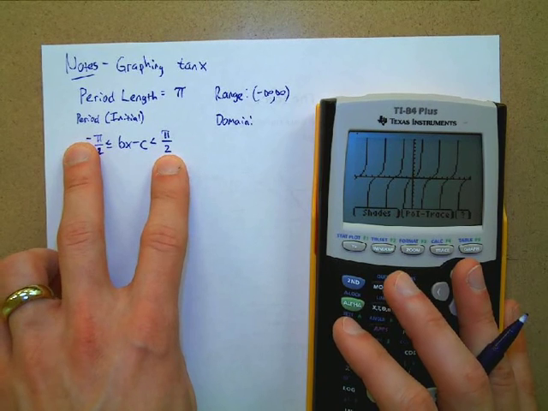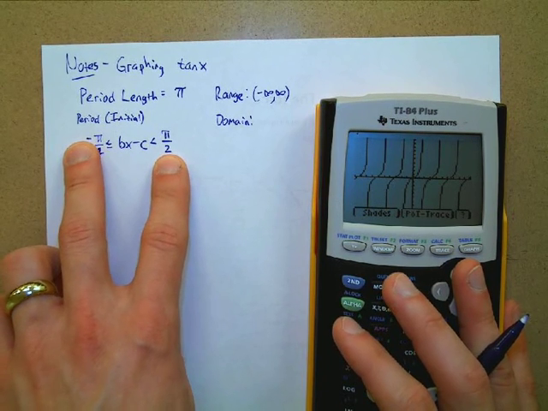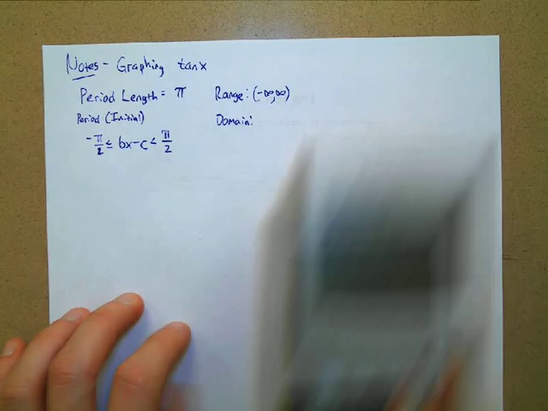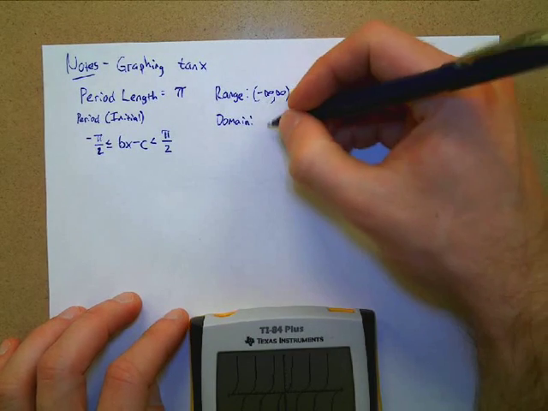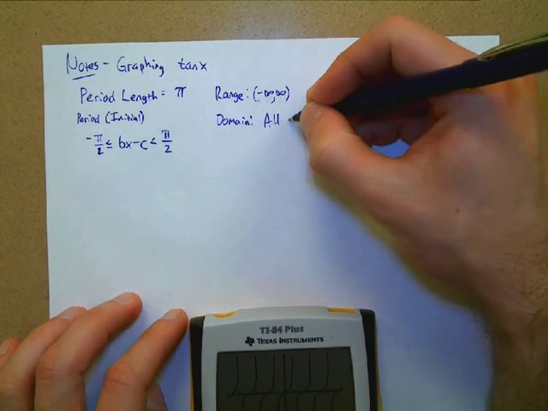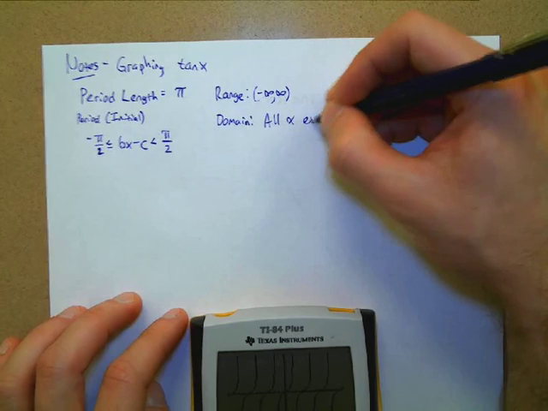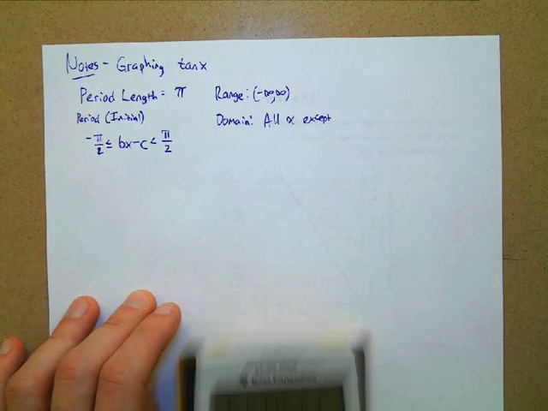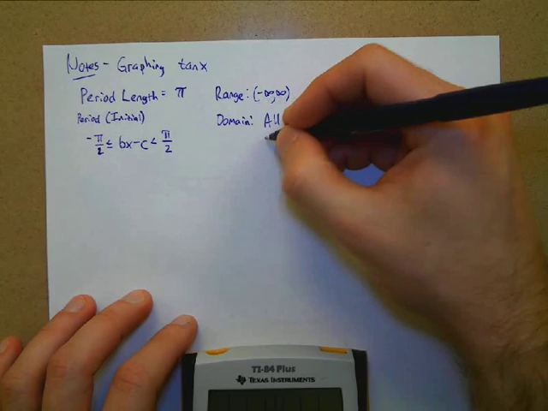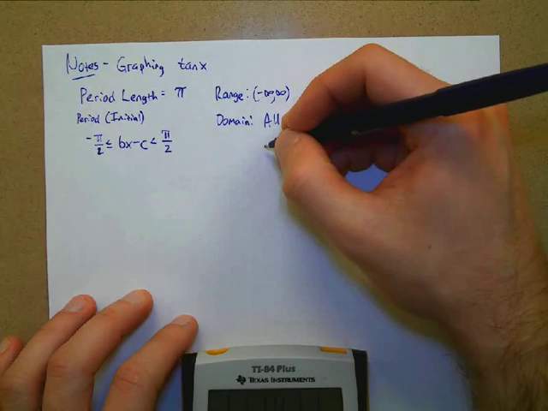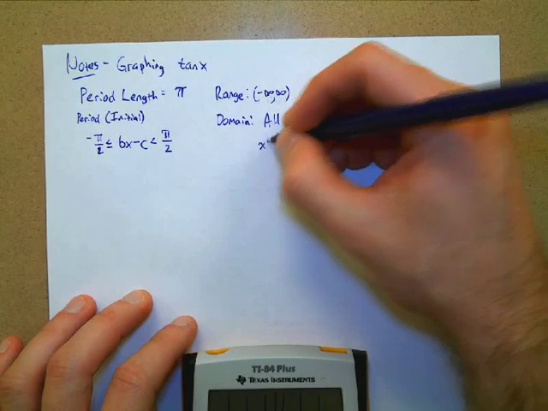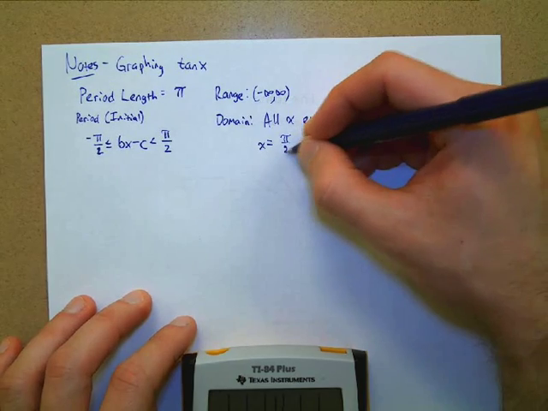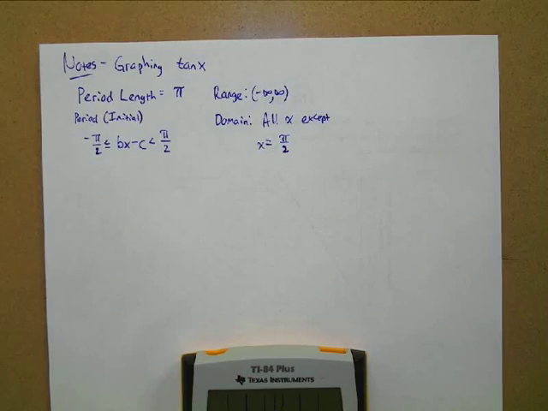So, with that being said, the domain of tangent, again, just plain tangent, is going to be all x values except x equal to pi over 2. And you're like, okay, Mr. Wade, that's one of them, but clearly this repeats forever, to the left and to the right.